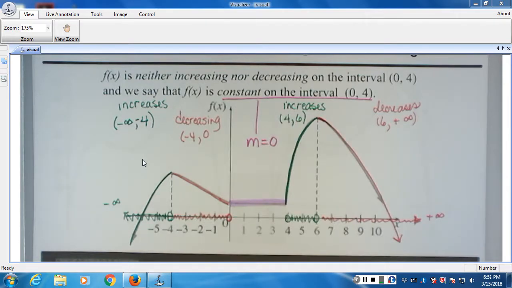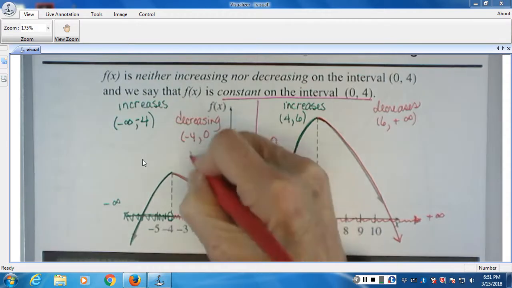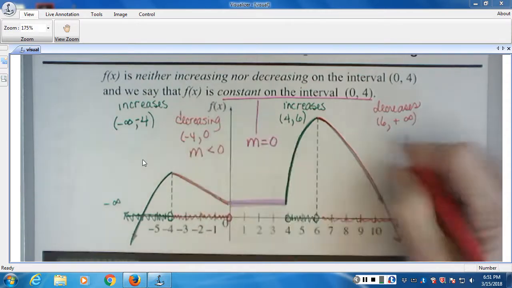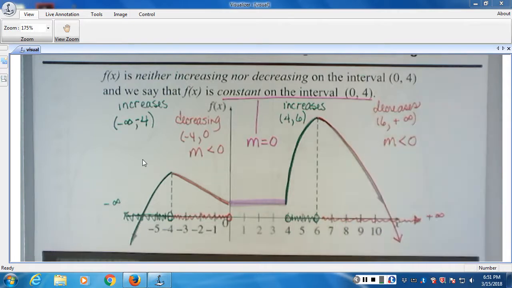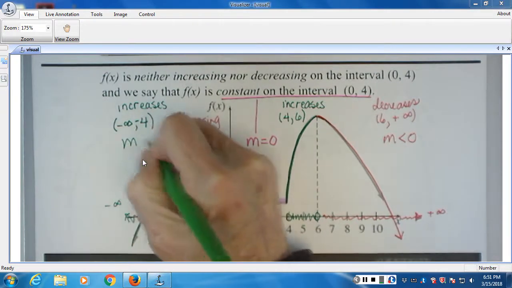Okay? The slope of that horizontal part of the function is 0, just as the slope of the negative parts, the decreasing parts, is negative, and the slope of the increasing parts is positive.